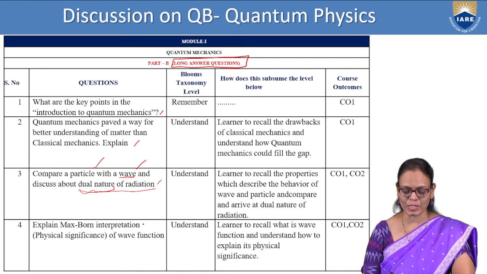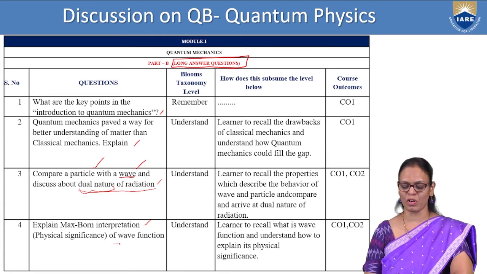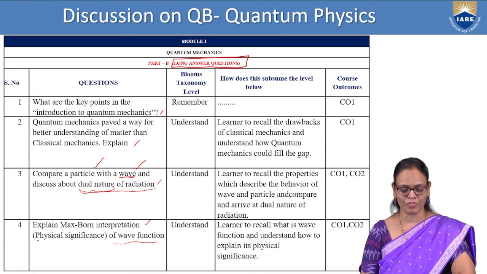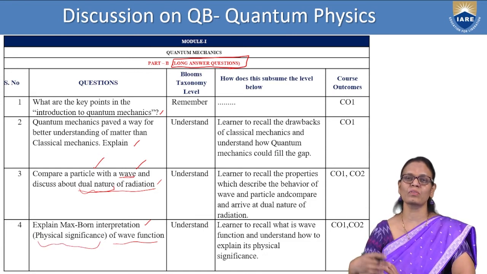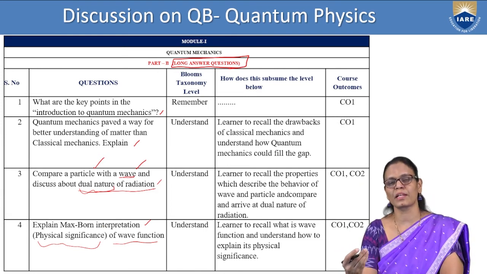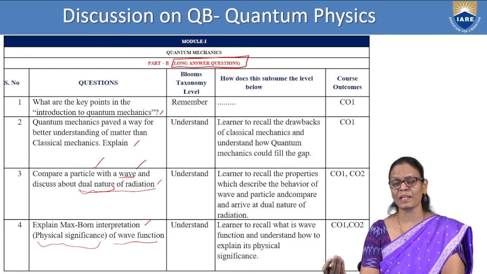Then explain Max Born interpretation of the wave function. The Max Born interpretation means the physical significance of the wave function. So you will have to write down all the significant points regarding the wave function. The wave function is a complex quantity and does not have any physical significance. To make it real, we multiply it with its complex conjugate.